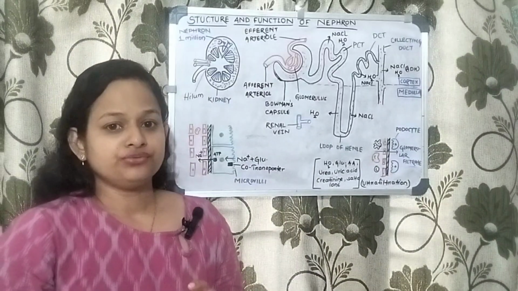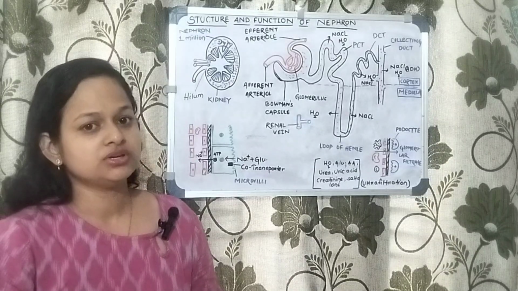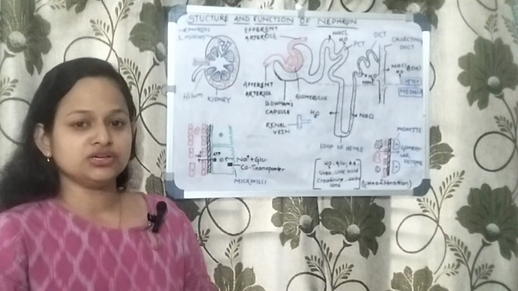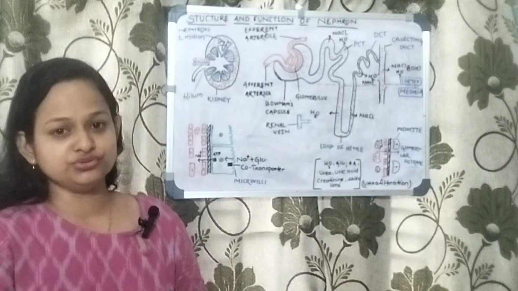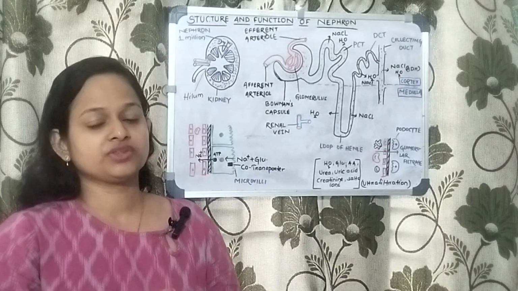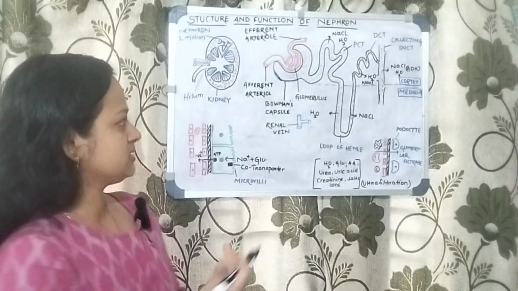The nephron consists of three parts: the Malpighian body, the nephric tubule and a collecting tubule. So first come to the Malpighian body. The Malpighian body consists of the Bowman's capsule and the glomerulus.